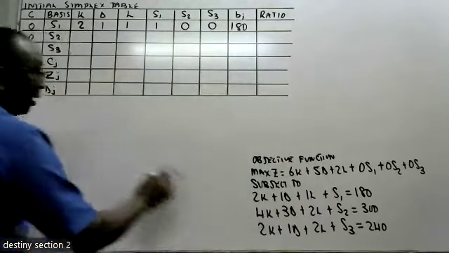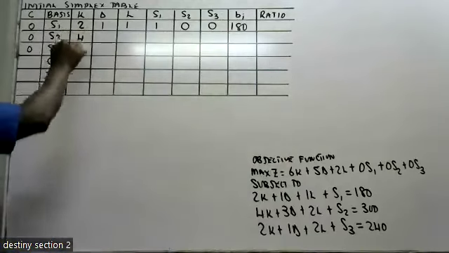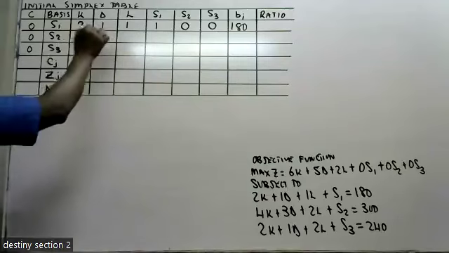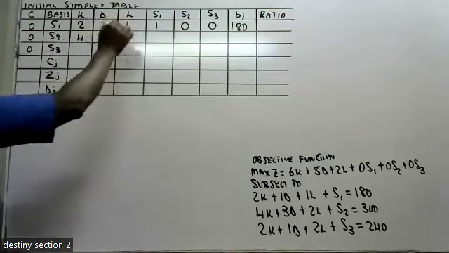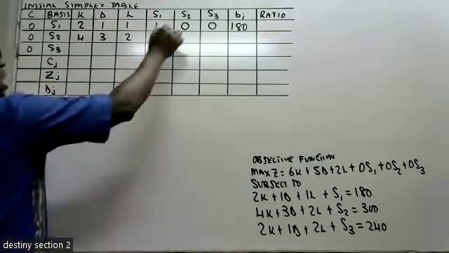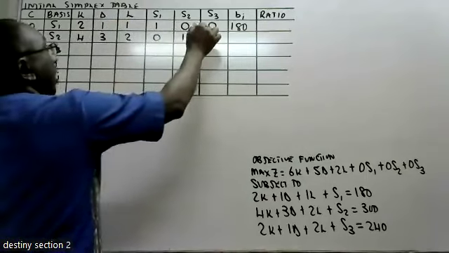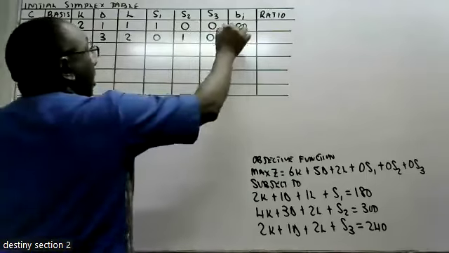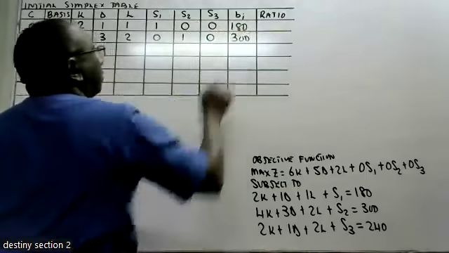For this other one, K is 4, D is 3, this other is 2, we don't have S1, we have S2 as 1, S3 is not there, and then we have 300.